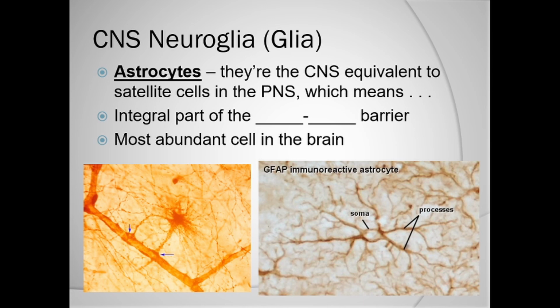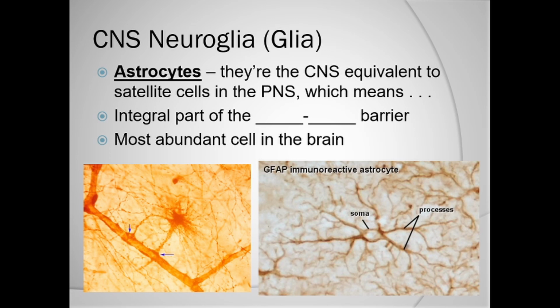In the micrograph on the left, you see where those blue arrows are pointing? That's where the astrocyte's legs are connected to the blood capillary. That orange, you can't really tell it's a tube, but what you can imagine would be a tube, that's a brain capillary, and the astrocyte is connected to it there.